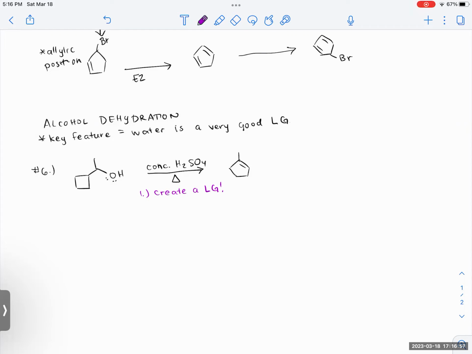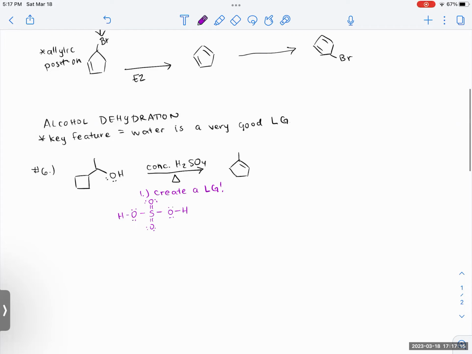So we're going to have our H2SO4, and we need to draw our electrons.